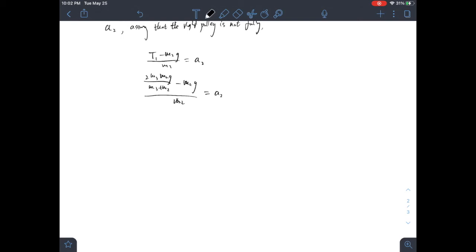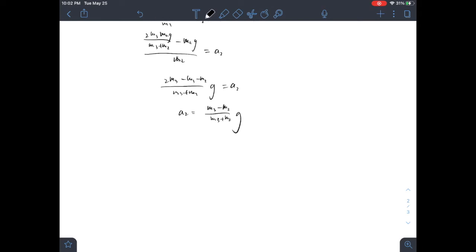We have 2 times M3G minus 2 times M3 minus M3 minus M2 divided by M3 plus M2 times G go to A2. So A2 is equal to (M3 minus M2) divided by (M3 plus M2) times G. That's the magnitude of A2 acceleration when the pulley is not accelerating.